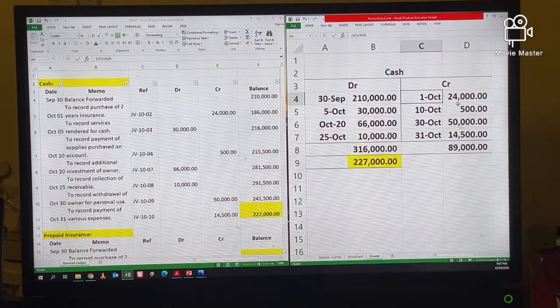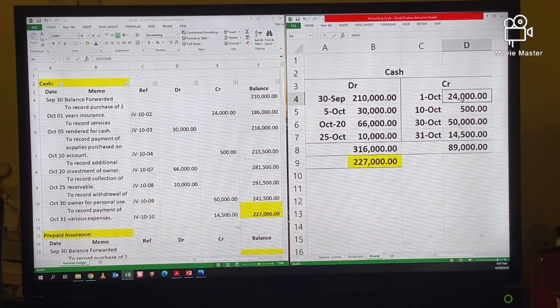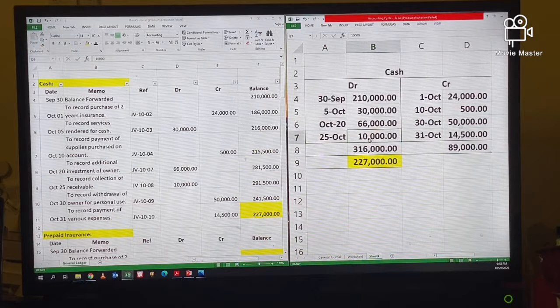Okay, so on the credit side, October 1, 24,000. And then October 5, debit, so you put it on the debit side. October 10, credit 500. October 20, debit 66,000. October 25, debit 10,000. October 30, credit 50,000. October 31, you have a credit of 14,500.